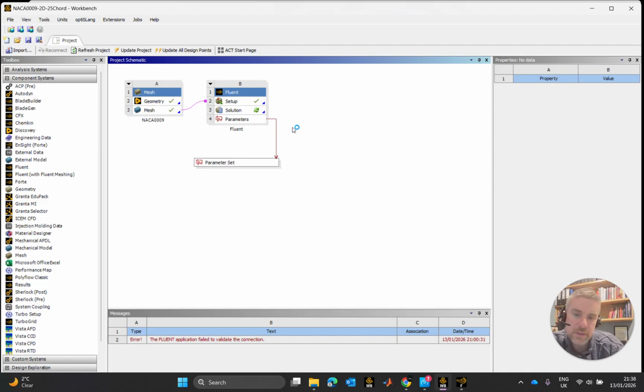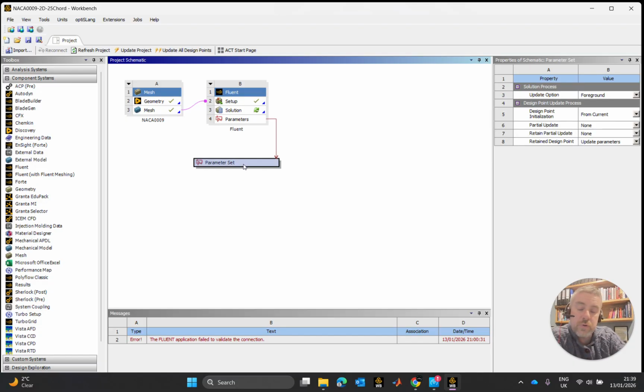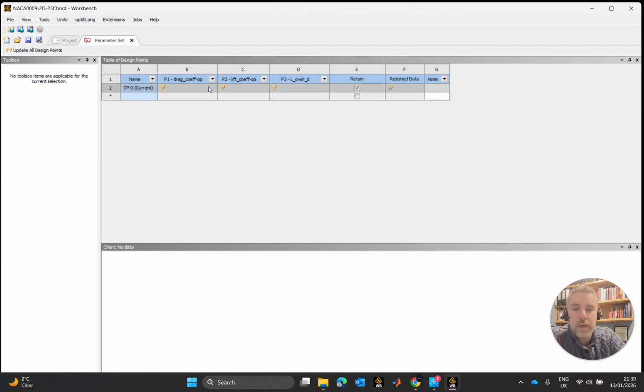And what that is, because I had ticked for an output parameter on my two report definitions, which were the lift and the drag coefficients, as well as for the L over D, I need somewhere to view or store those parameters, and this is where they generally go, in here. Okay, so I'm going to click out those ones there just for now, and here they are.